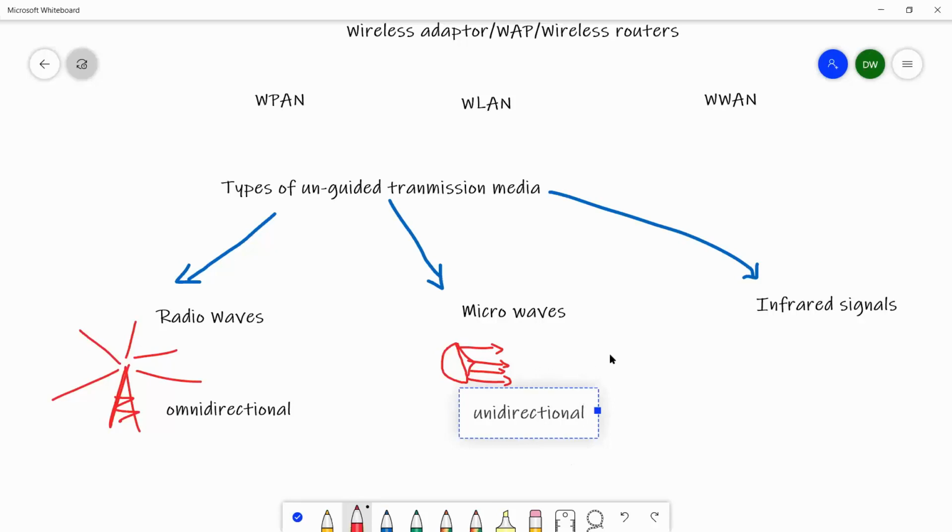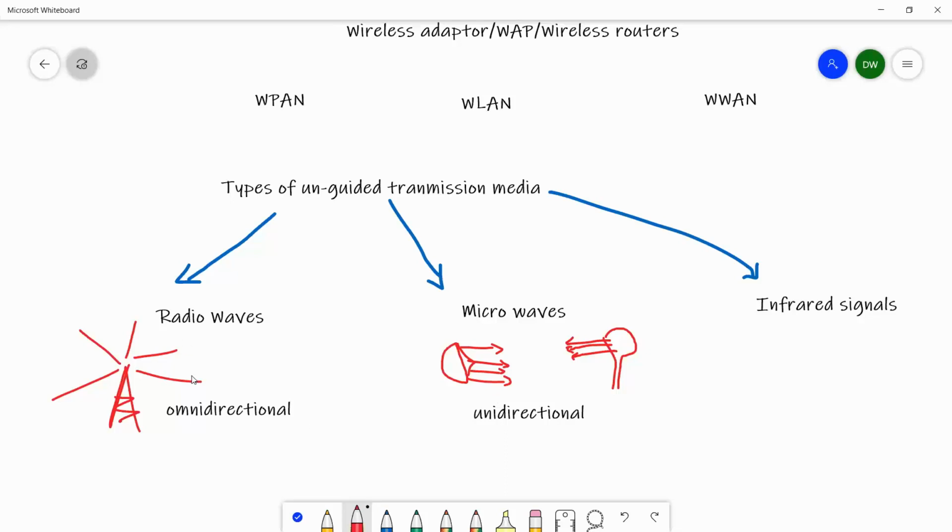Another kind of antenna is called a horn antenna. It just looks something like this, and it will send signals like this, right? So both of these kinds of antennas have unidirectional signals. And infrared signal is also omnidirectional. That means it can propagate in all directions, right?